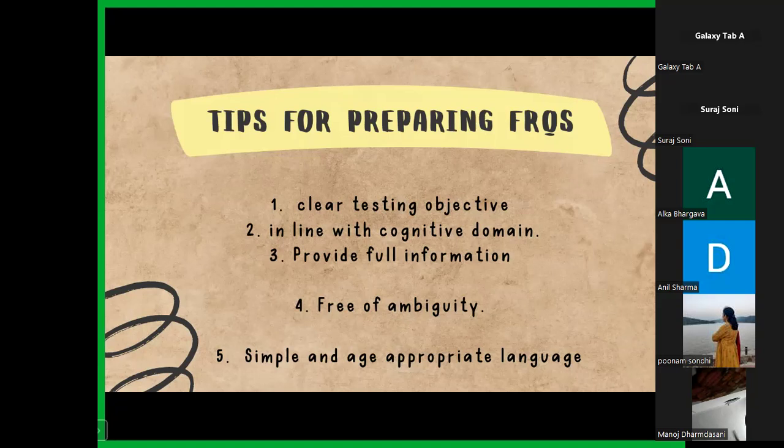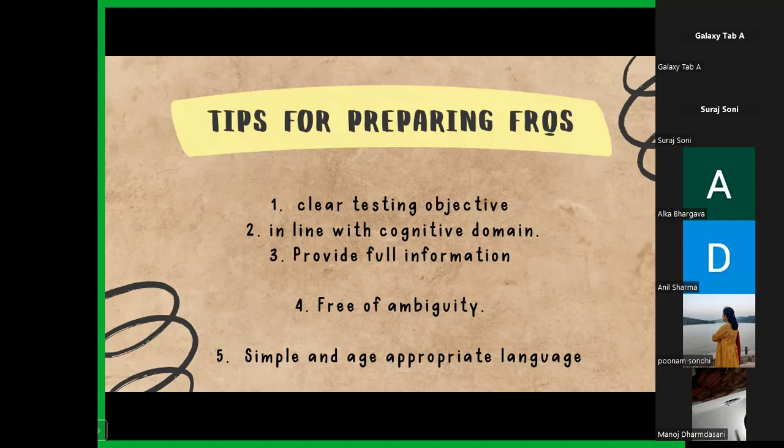So we have to be very, very clear that we provide full information to the child, because that makes your question free of any kind of ambiguity. To make the question sharp, it is very important that the question has full information so that it is free of ambiguity and we get the kind of answer that we want.